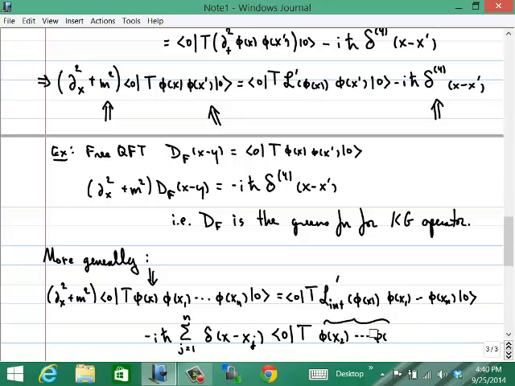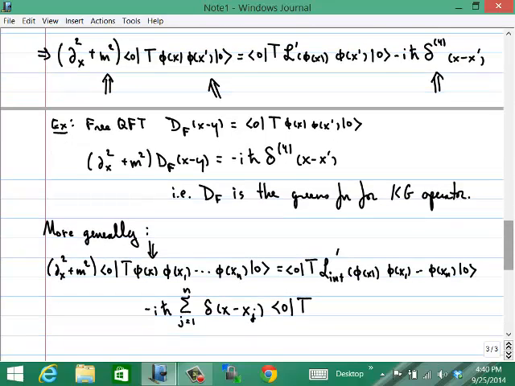So in fact, what you should get is a sum of delta functions times the time-ordered products, where all you do is eliminate xj from this expectation value. Is it clear what's going on here?